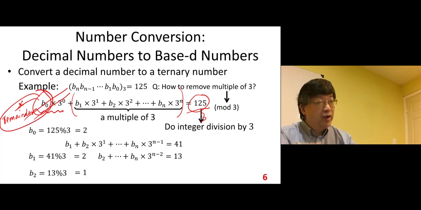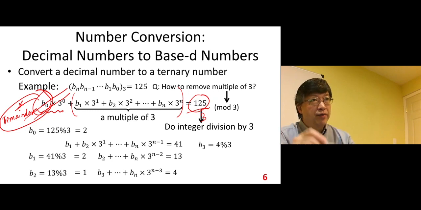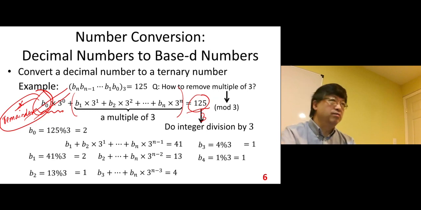Then remove the B2 part with integer division another time: B3 plus remaining terms equals 4. To find B3, 4 mod 3 gives 1. Then integer division, 4 divided by 3, take the integer part, then mod 3, so B4 equals 1.